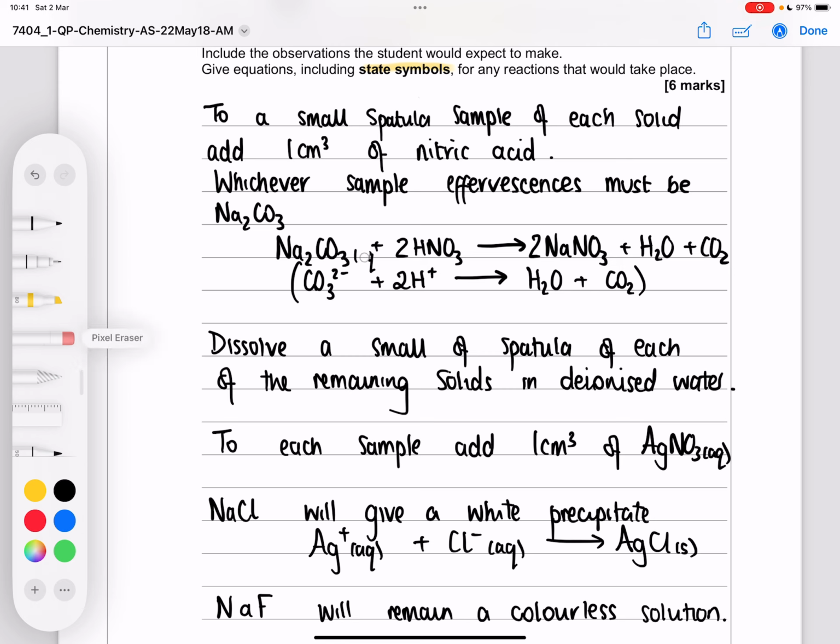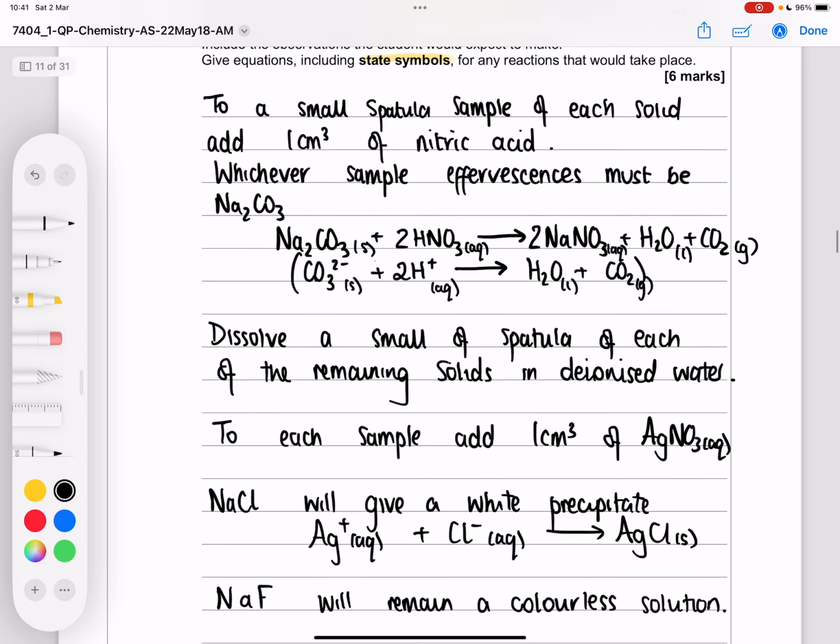We had a solid sample, so we used solid sodium carbonate, but acids are aqueous. They would make an aqueous salt. Water's a liquid, and there's our effervescence gas. So if we wanted to put those on here, it's not really an appropriate ionic equation to have a solid carbonate ion, but it would dissolve on contact with the acid to be aqueous.